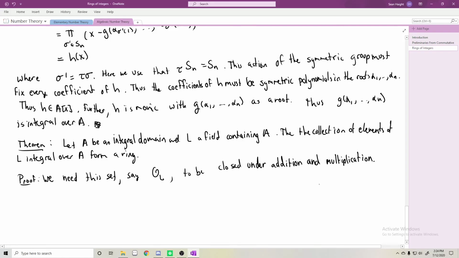I'm just going to show that it's closed under addition, and the other argument is almost identical. I'm going to let alpha 1 and alpha 2 be integral over A. Let alpha i be a root of f_i.